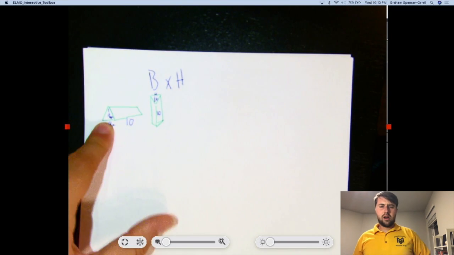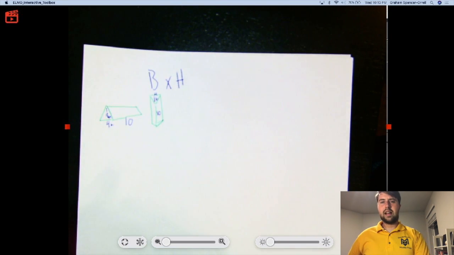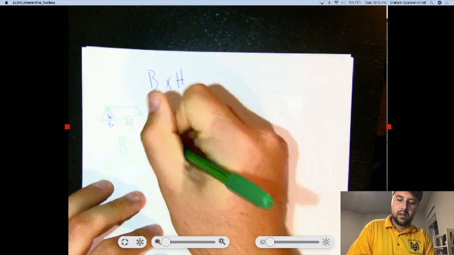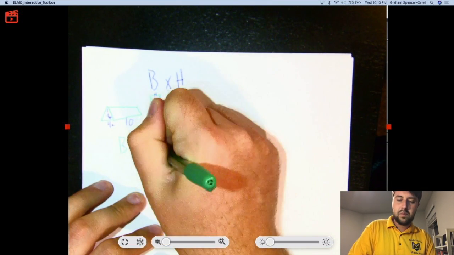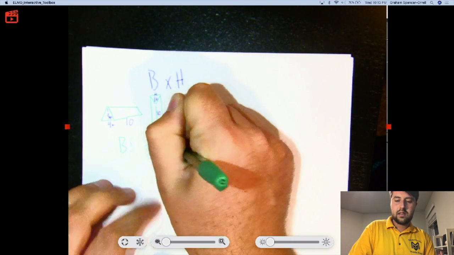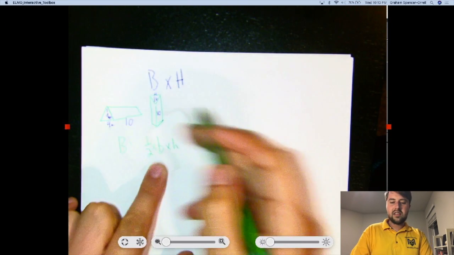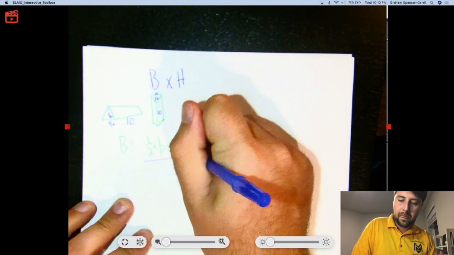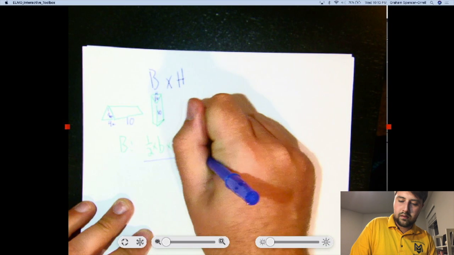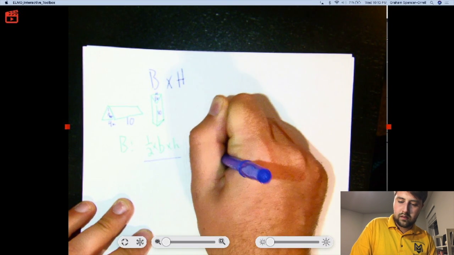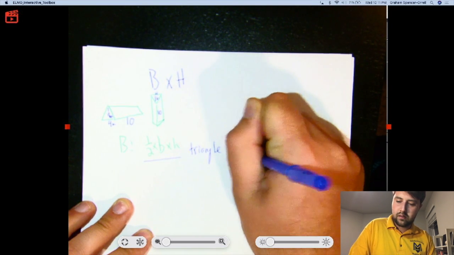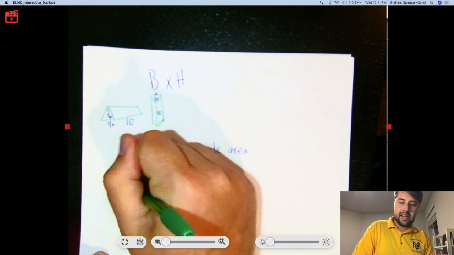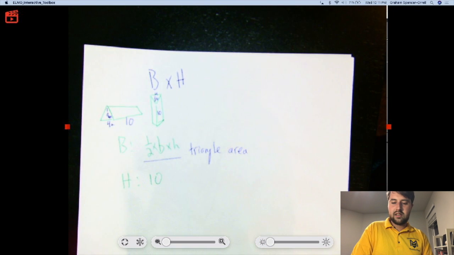So you remember our formula for the area of the triangle, so we have to solve that first. The base area is going to be 1/2 the base times the height. Now this B is going to be the triangle formula. And then we're going to also have the height. And we know the height is just 10.